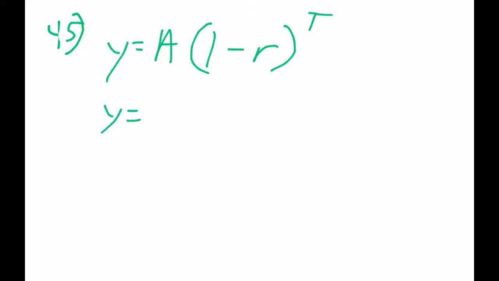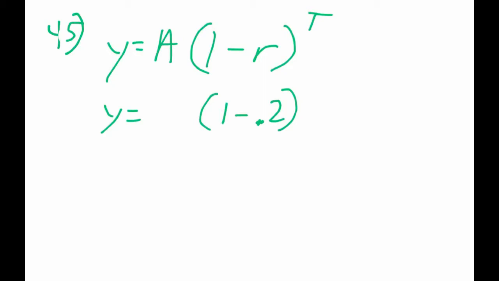Number 45 says that a car depreciates, or loses value, 20% every year, which means that we're going to have 1 minus r inside here. This is the formula we're going to use. So in this case, the r is 20%, so I'm going to write it in as 0.2.